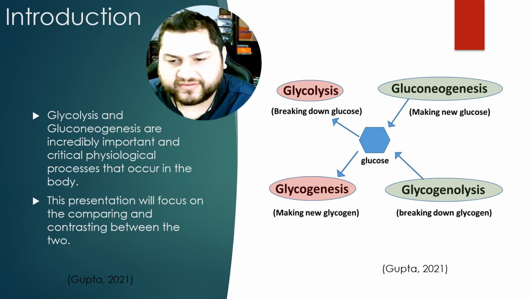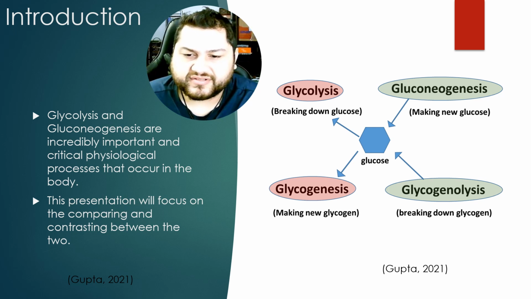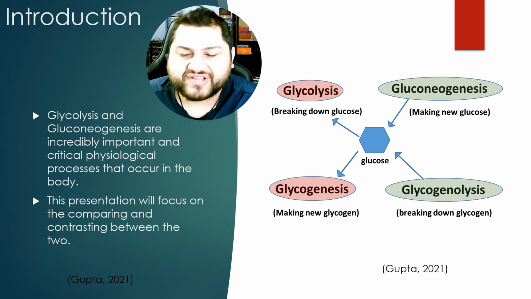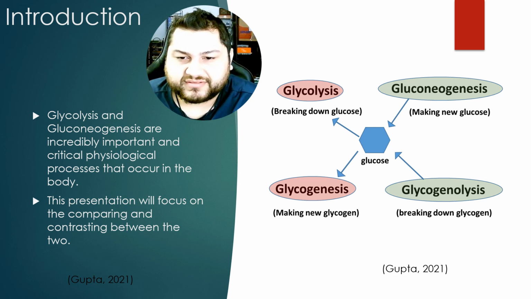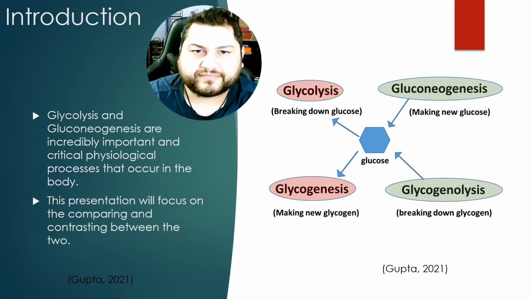Gluconeogenesis is typically through the breaking down of tissue that is storing said glucose as energy or fat. Gluconeogenesis is exactly the opposite.